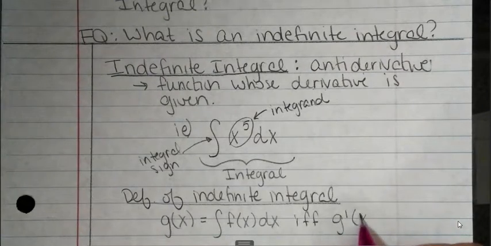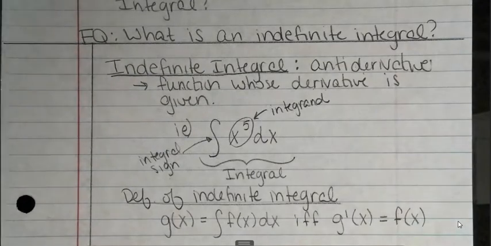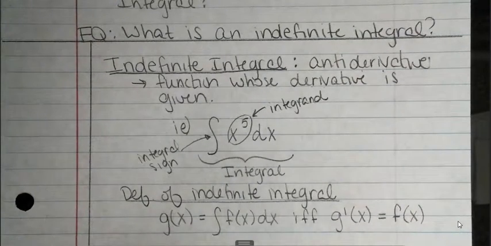So if I take the derivative, or g prime of x, will basically give me the original function. So what that's saying is that derivatives and antiderivatives undo each other, or derivatives and indefinite integrals undo each other. So we have some properties here.